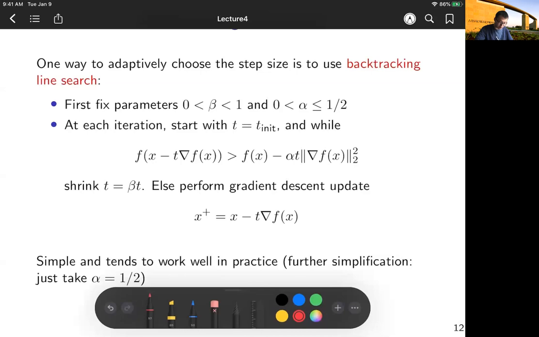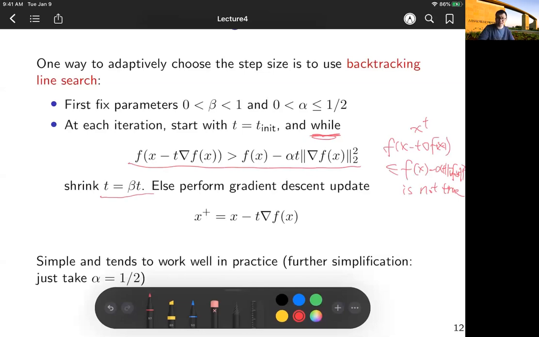Notice that while this condition is not true, that means while f(x minus t gradient f(x)), so this is the updated location x plus, is not smaller than f(x) minus alpha t times the squared norm of the gradient of f(x), then let's decrease the learning rate by multiplying it with a factor between 0 and 1. Let's decrease the learning rate exponentially with a parameter beta.